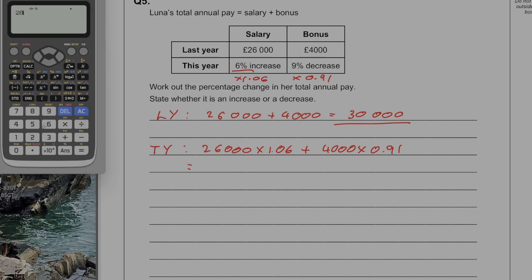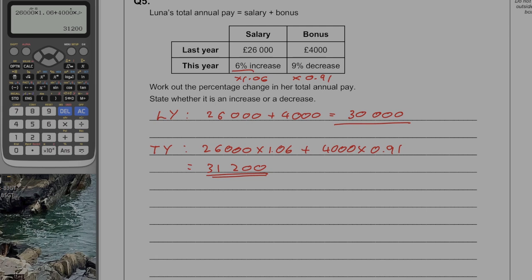So 26,000 times by 1.06 plus 4,000 times by 0.91 gives us a total of 31,200.